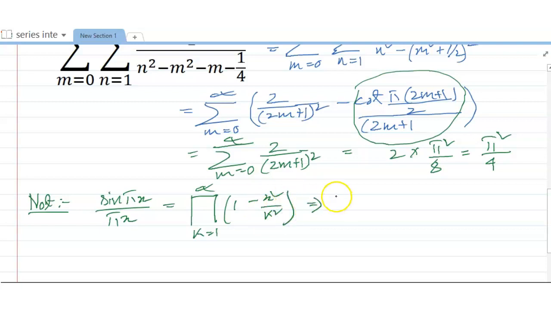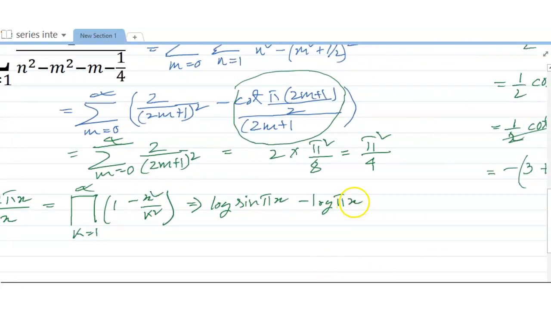I am taking log on both sides: log sin pi x minus log pi x equals the summation from k equals 1 to infinity of log (k square minus x square) minus 2 log k.